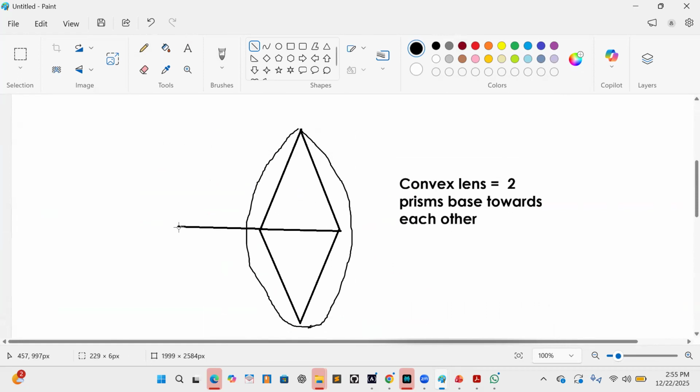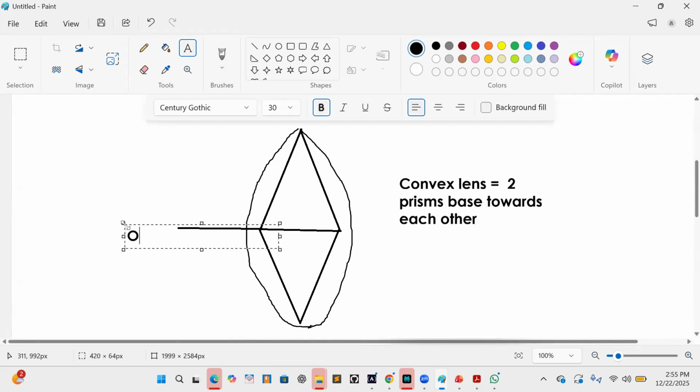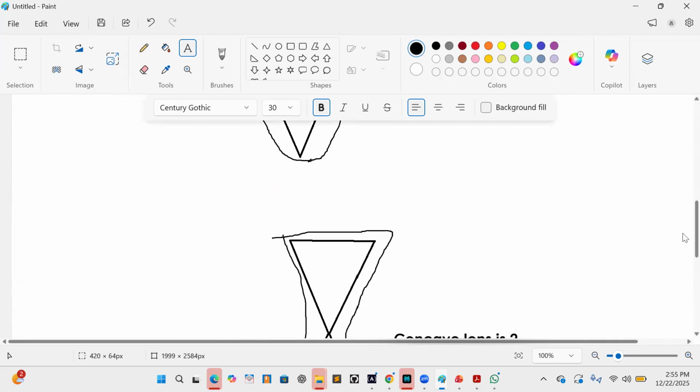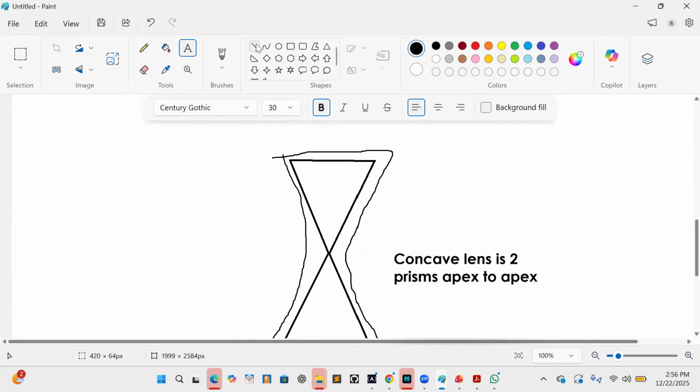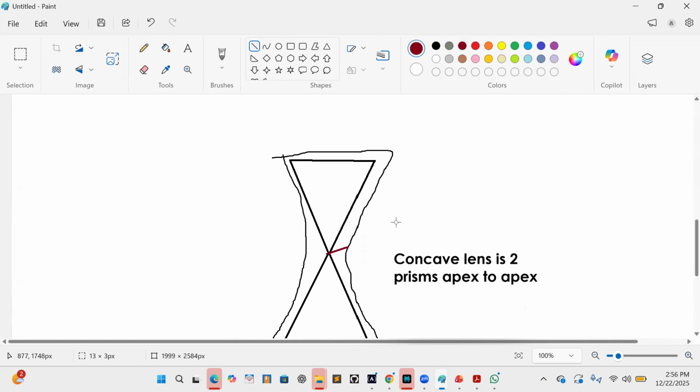Because that's very important. And then for the concave lens, this is where the optical center is.